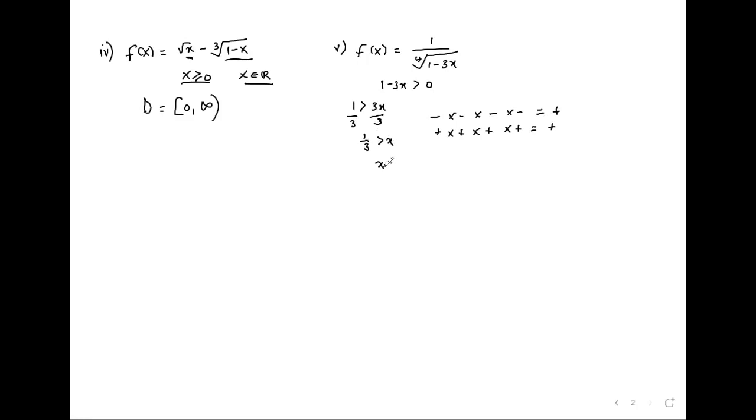This means that x should be less than 1 over 3. And so our domain is just an interval from negative infinity all the way up to 1 over 3, not included. Because if we include it, we risk having a 0. So we don't want to have a 0 in our denominator, to avoid 1 over 0, which is undefined.